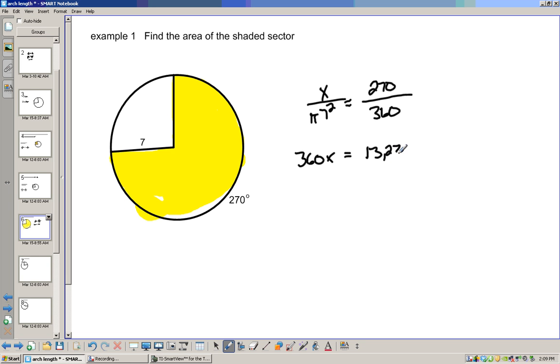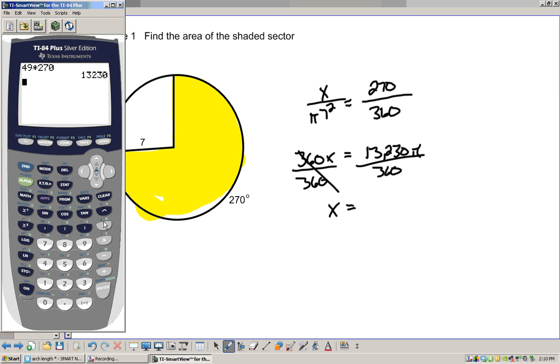And remember, pi goes with that. So now if I divide by 360 and I divide by 360, these cancel, and I have x equals 13,230 divided by 360. Someone hit divided by 360, that equals 36.75.